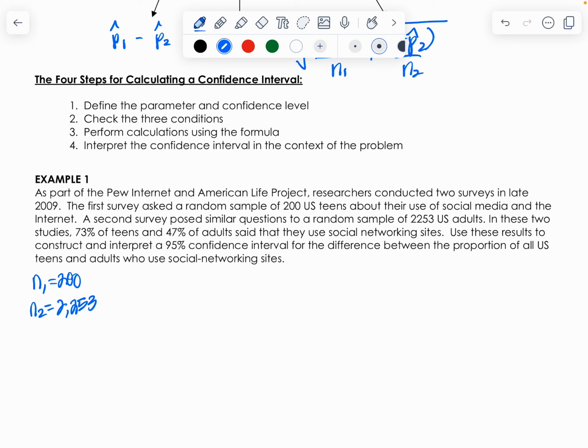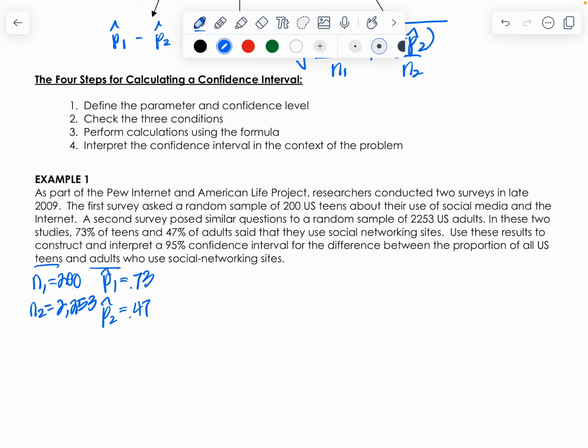That seems like sort of a funny thing that was so much larger than the first. In these 2 studies, p hat 1, 73% of teens, and p hat 2, 47% of adults said that they use social networking sites. Use these results to construct and interpret a 95% confidence interval for the difference between the proportion of all U.S. teens and adults. So that sort of helps reinforce the order we're going here. Teens first, then adults.